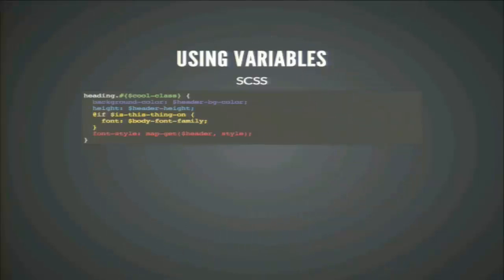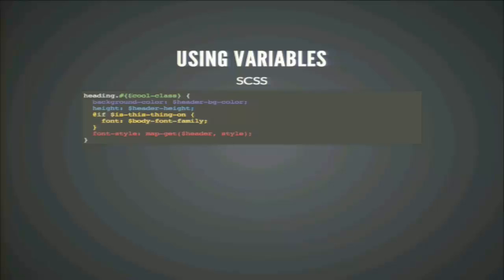So using variables. We're going to use those variables that we just talked about. The first thing I want to mention is the top one, the one in green up there. This is called interpolation. Basically what that means is normally you would use a variable as a value for one of your style properties.